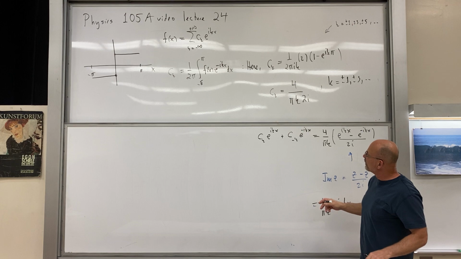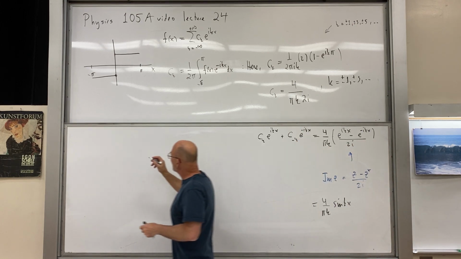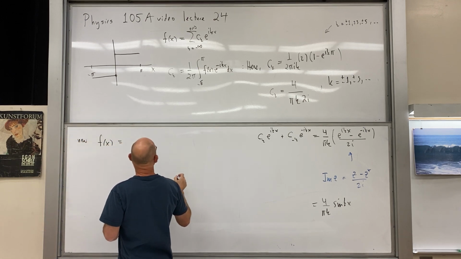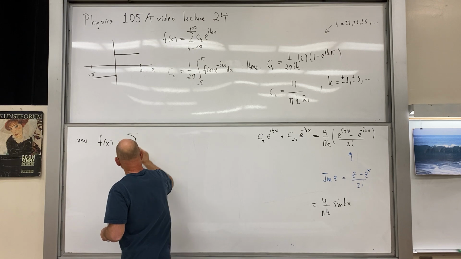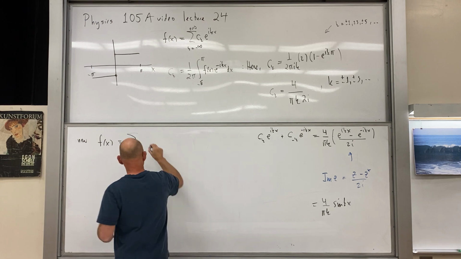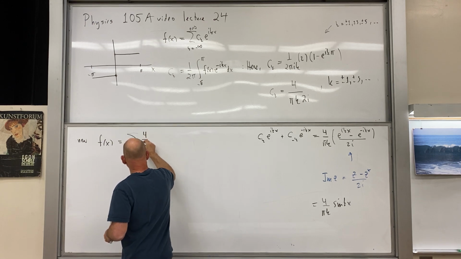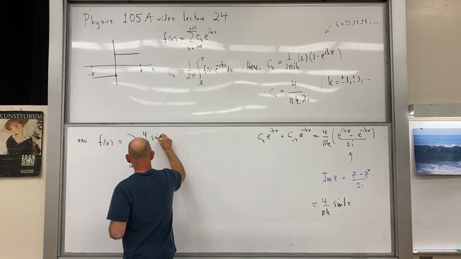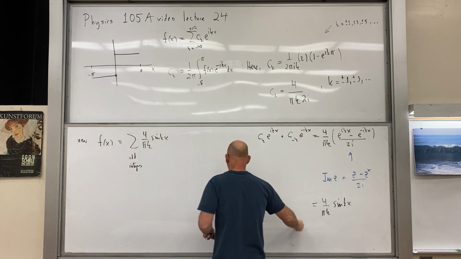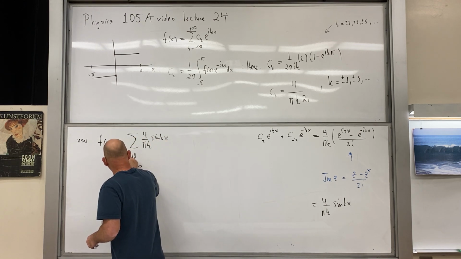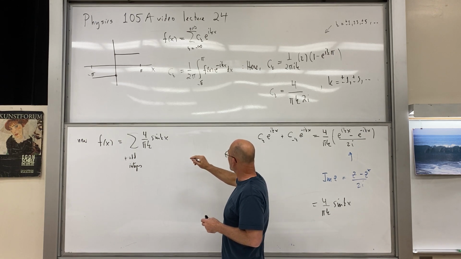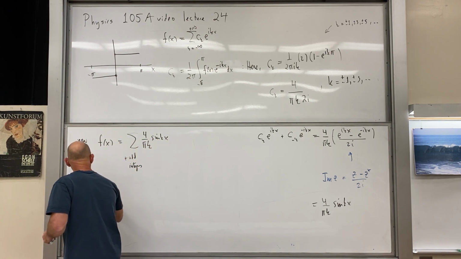I'll just write down what we get when we do the sum. So now f of x equals the sum over odd integers of 4 over pi times k sine of kx, but I already took care of the minus one, so positive odd integers. Now we can turn this into a compact form as follows.